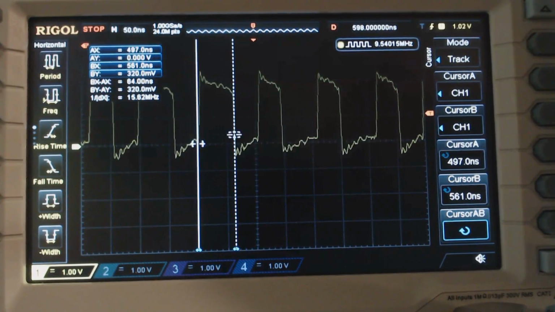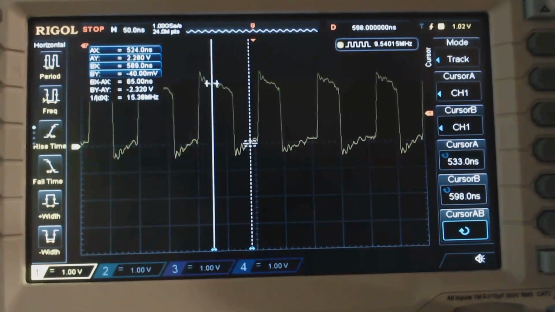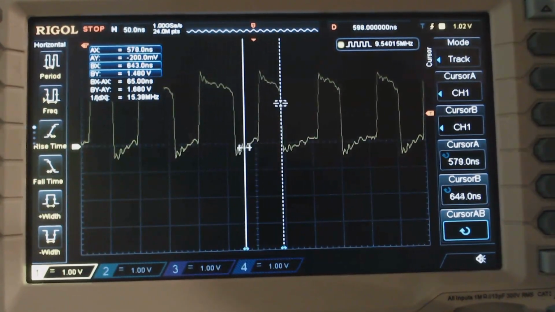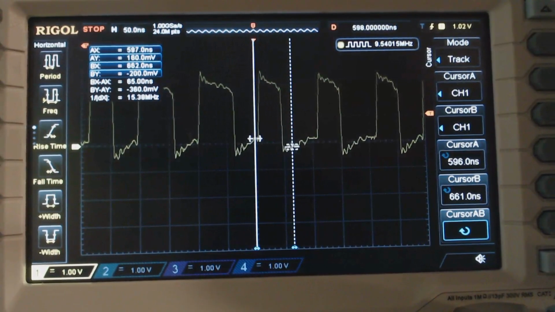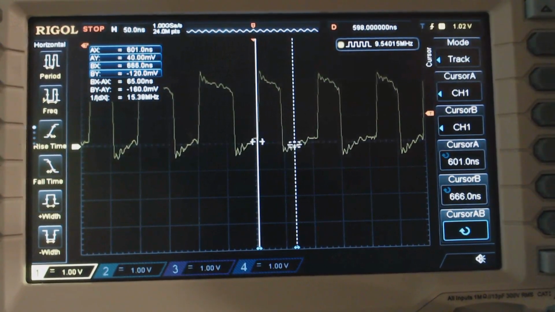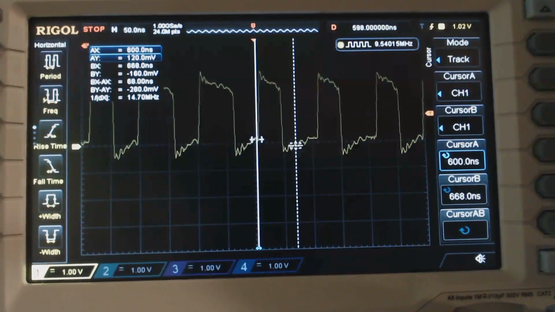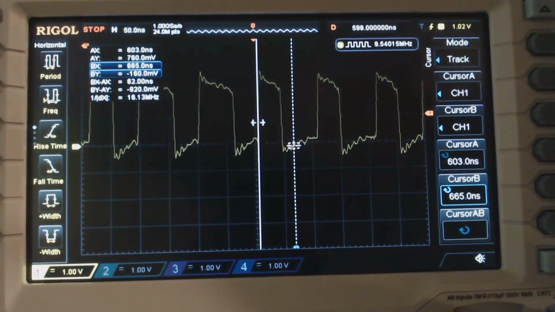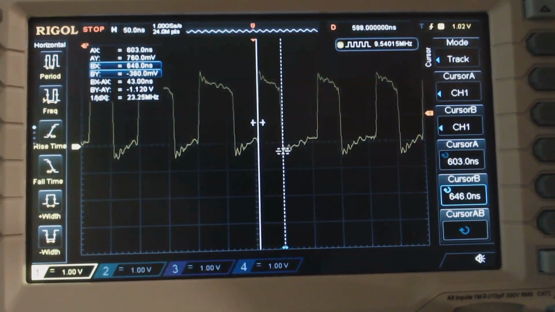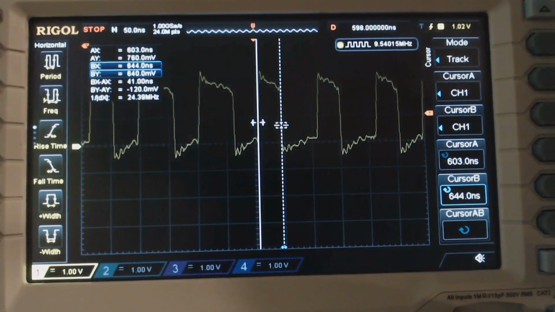Another, about 64 nanoseconds. And see the short one. Back to 42 nanoseconds, which corresponds to 12 MHz again.